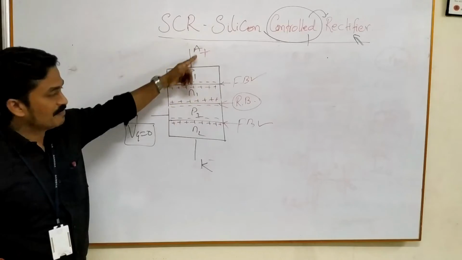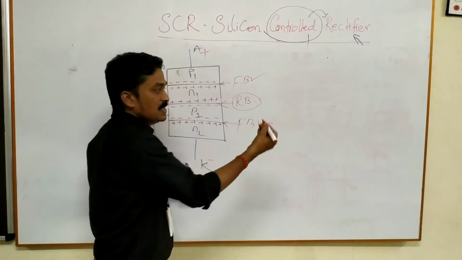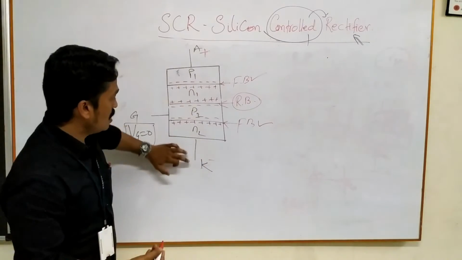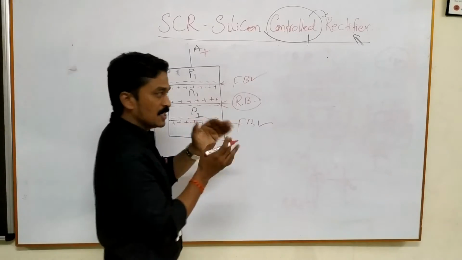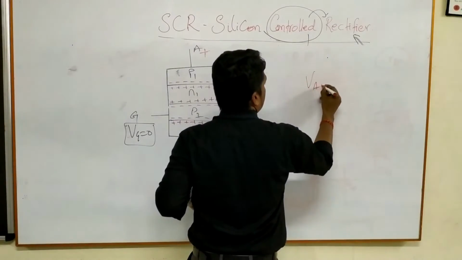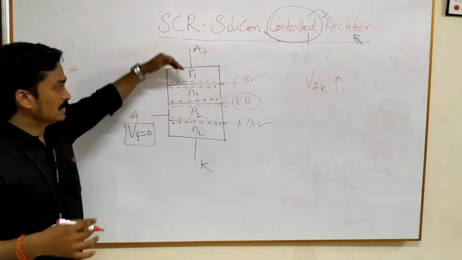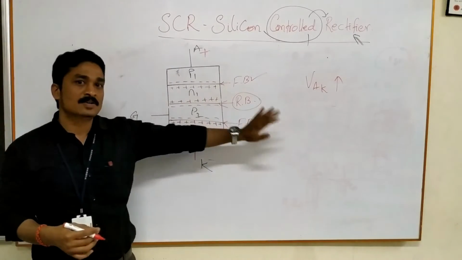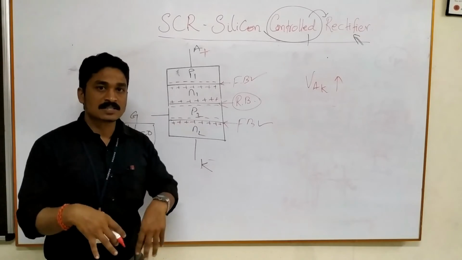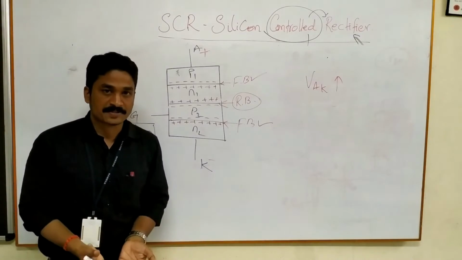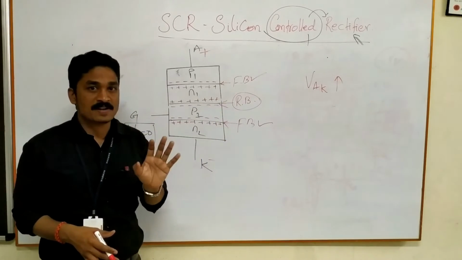For maximum VAK, correct? Just as we discussed, we have to apply a larger potential to break this particular reverse bias junction. So a large VAK is needed to break this junction so that the current will flow. This is similar to the reverse bias characteristic because large voltage and large current give high power dissipation, and again the SCR will get spoiled.